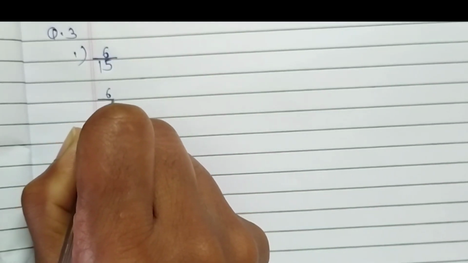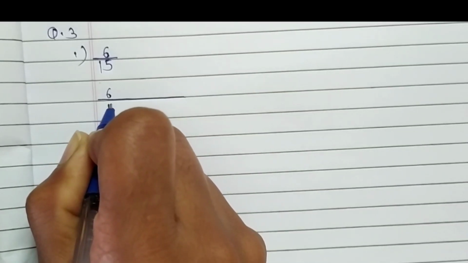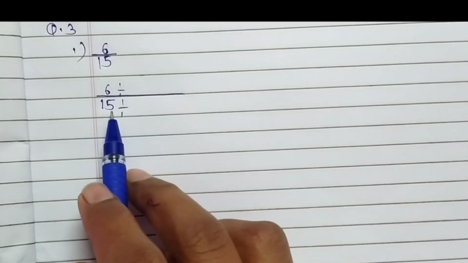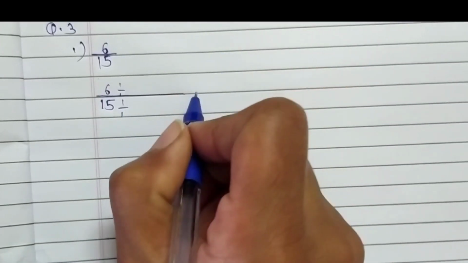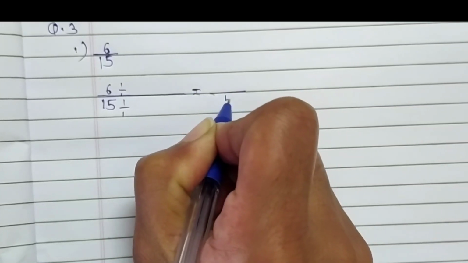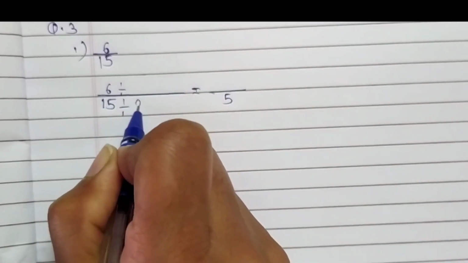Question number 3. The first question is 6 upon 15. Let's find the number by which we get 5 as our answer. Find the number by which we have to divide 15, so we get 5. 3 5s are 15.